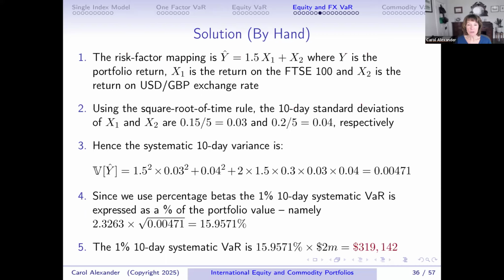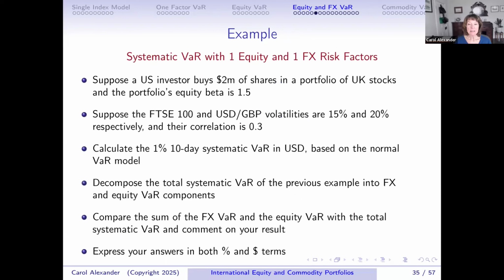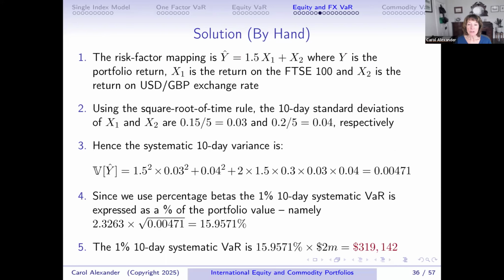Okay, so let's start off with our risk factor mapping. So we do a regression of the equity returns, in this case the returns in sterling, on the FTSE returns, and we've got a percentage beta of 1.5, and we ignore the idiosyncratic or specific part.